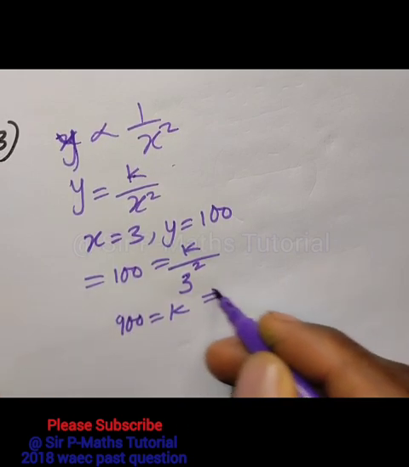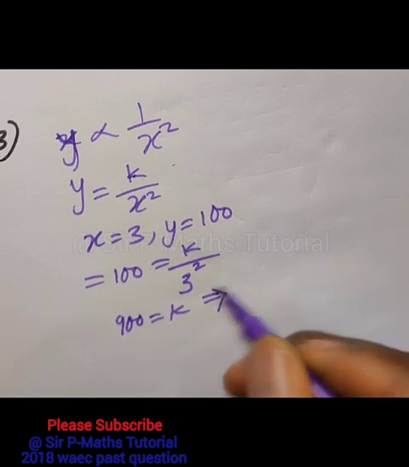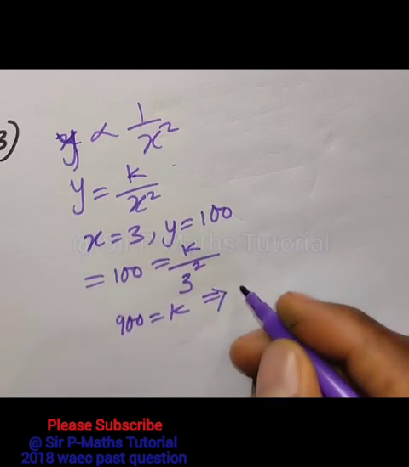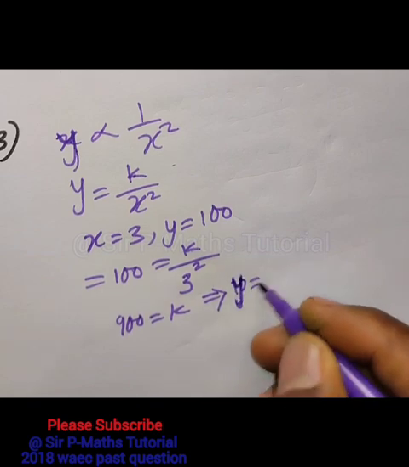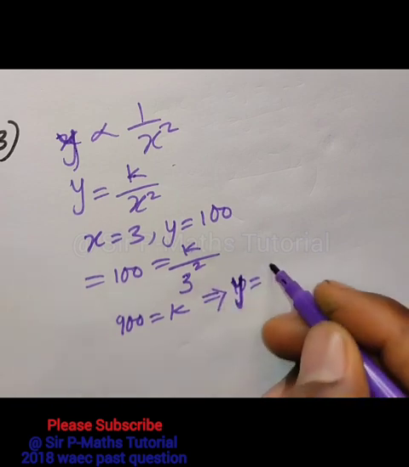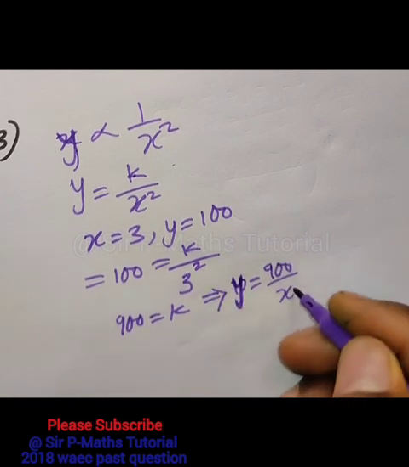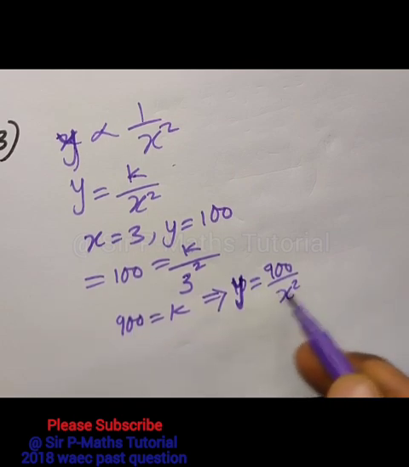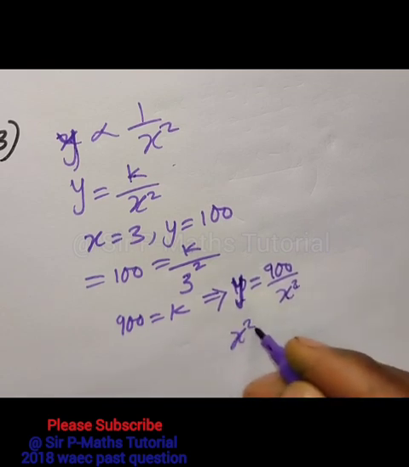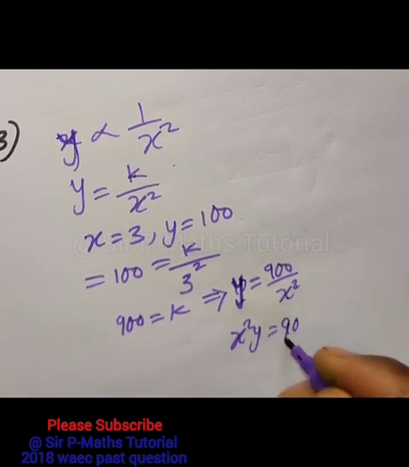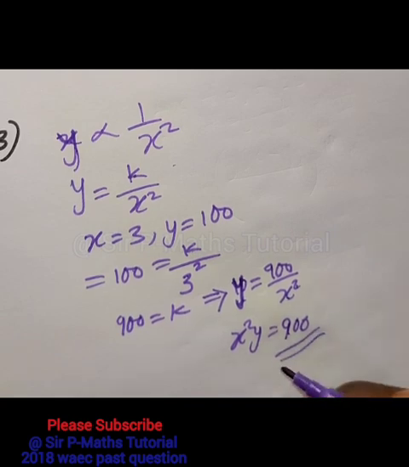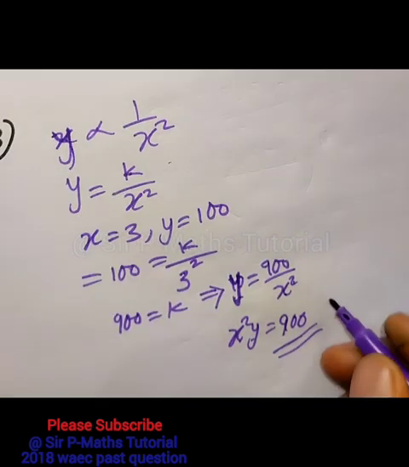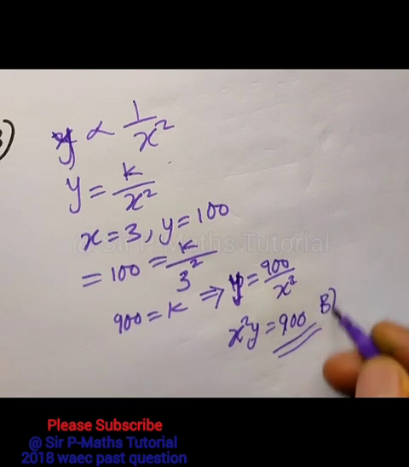The equation connecting x and y, substituting the value of k, we now have y equal to 900 all over x raised to power 2. Okay, so we can cross multiply to eliminate the fraction. If I cross multiply, y times x squared will give me x squared y equal to 900. So this is the equation connecting x and y, and that is option B.